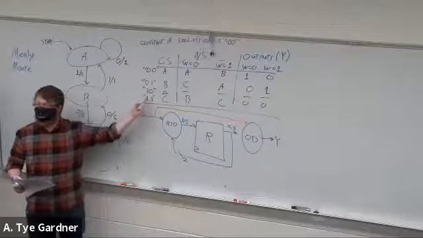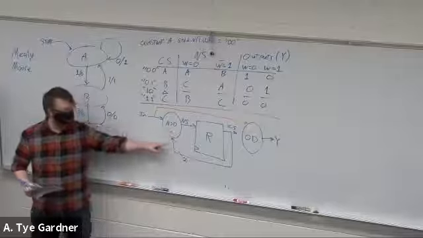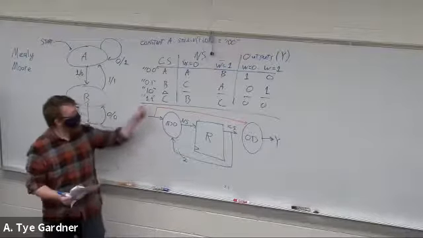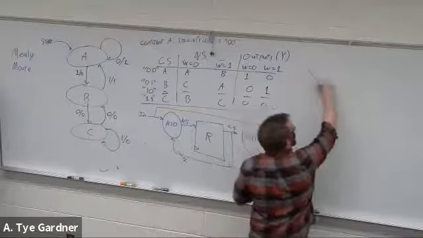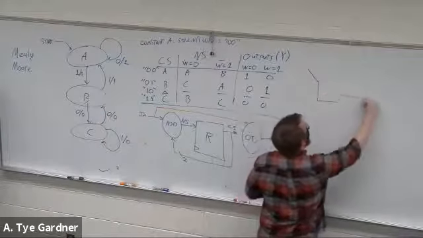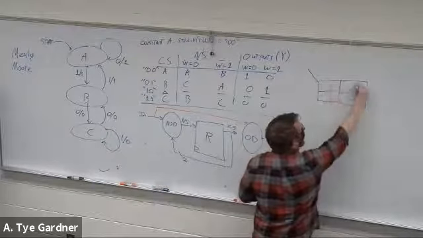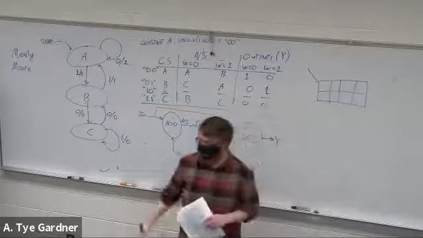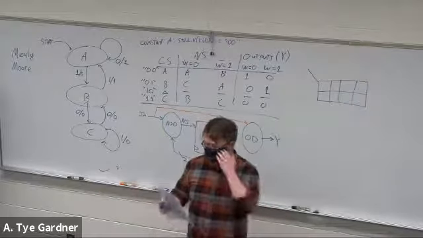So if you have lots of states, this next state logic gets really complicated. 2 bits. So let's go ahead and write our favorite thing in the world, a 3-bit K-map. Because K-map is how we make combinational logic.